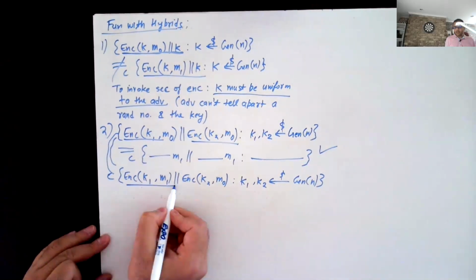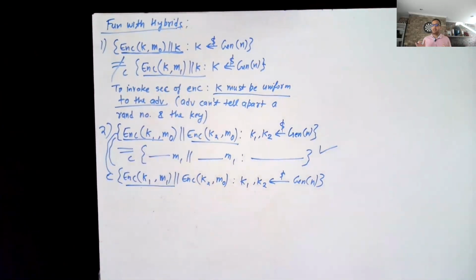And why is that? Because even in the security of encryption, adversaries, even given both messages M0 and M1, they are not supposed to be private or anything like that. Even if you are completely given M0 and M1, I can swap M0 and M1 in the ciphertext, and still the adversary cannot tell the difference.